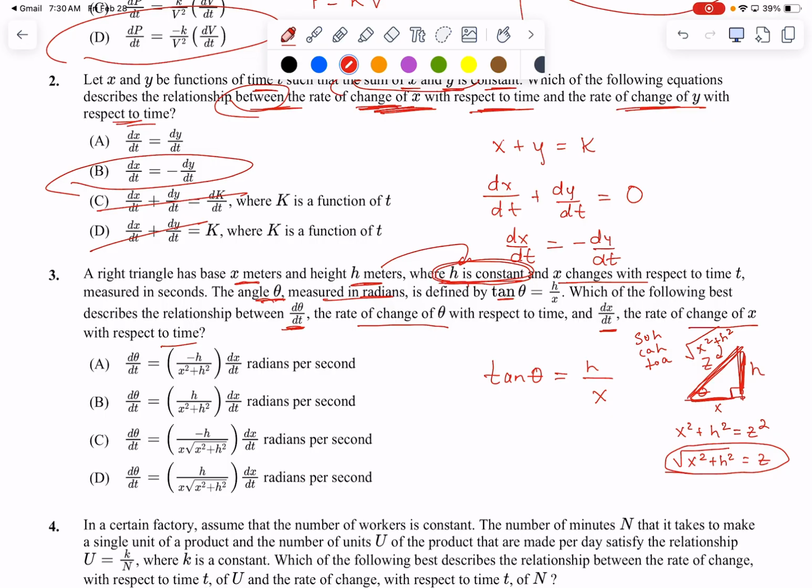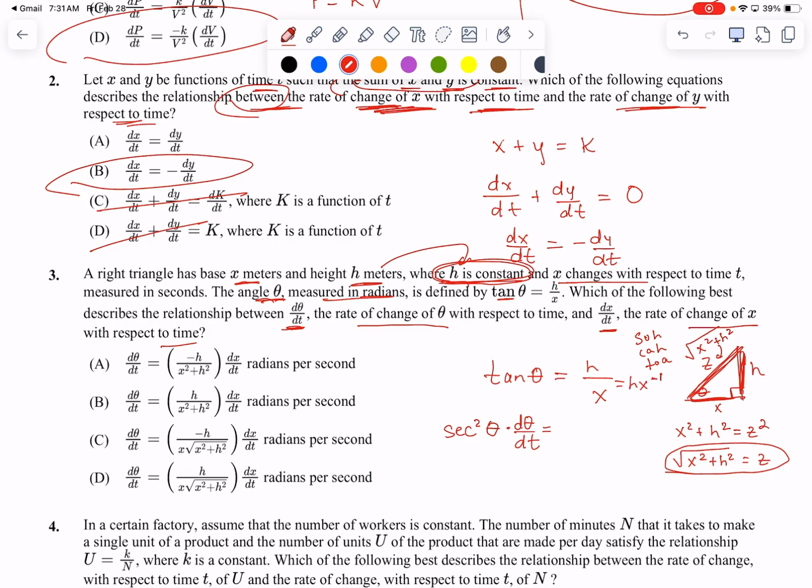All right. So I'm going to do the derivative. So what's the derivative of tangent? Secant squared theta times d theta dt. Now, h over x, we actually don't need to do quotient rule because h is what? Constant. So I can make that h x to the -1.